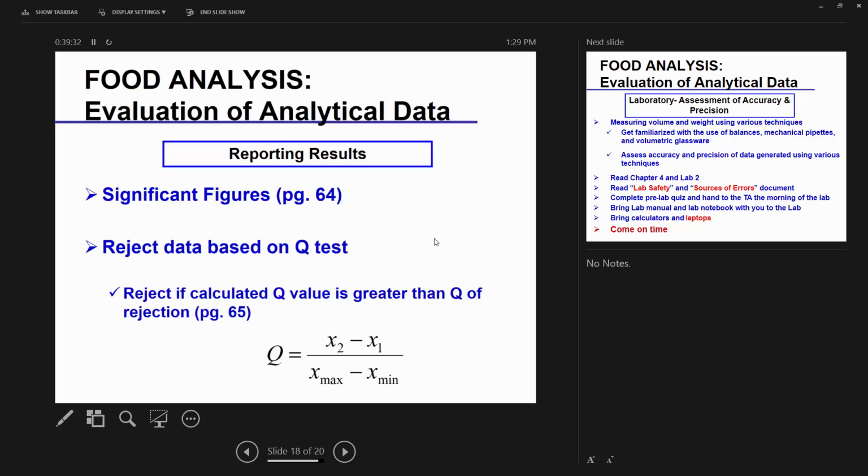Okay, let me complicate things a bit. You're going to do a caffeine determination, and then you determined your caffeine in a sample, and it was 43.5 microgram per milliliter.